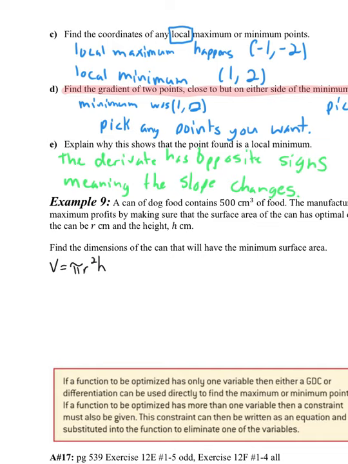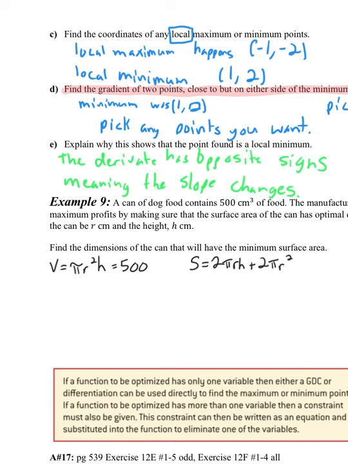That's where volume comes from. And in this case, the volume is 500. The other thing we need to know is surface area. Surface area is going to be 2 pi r h plus 2 pi r squared. I don't expect you to remember that. That is given to you on the formula booklet.